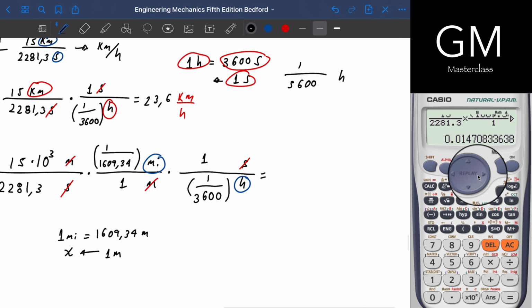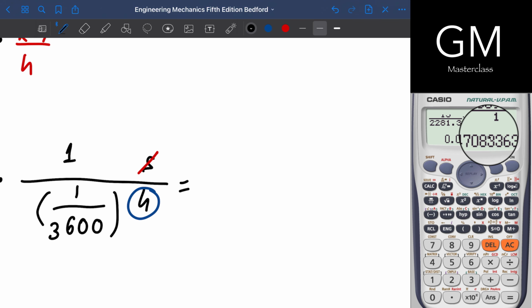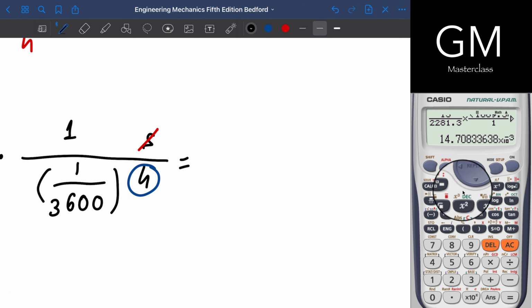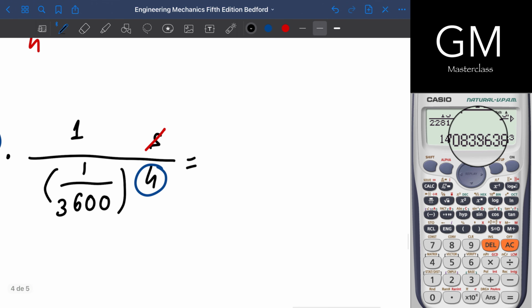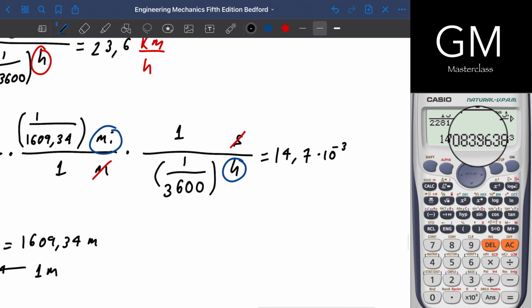So the result is this one, but I prefer to take it into scientific notation. So I press this button here and use just the first 3 significant digits. So it is 14.7 times 10 to minus 3 miles per hour.